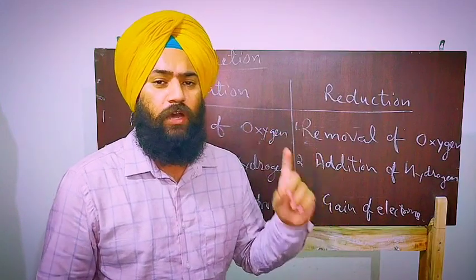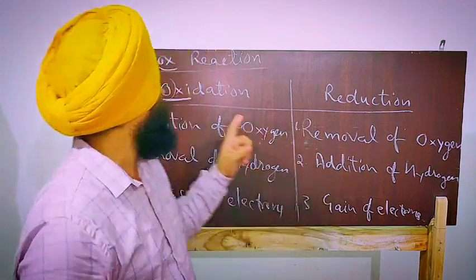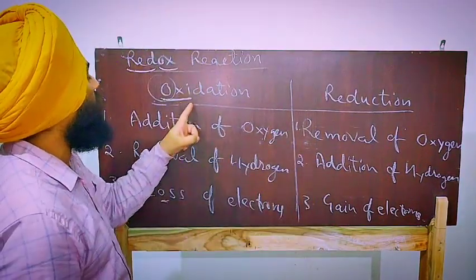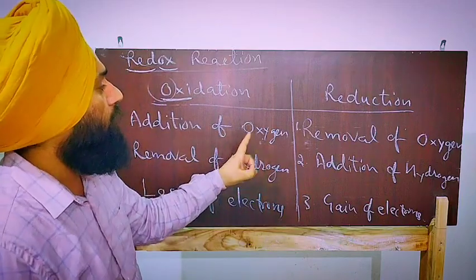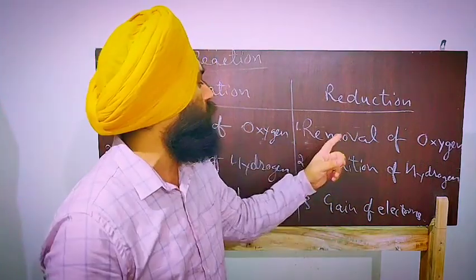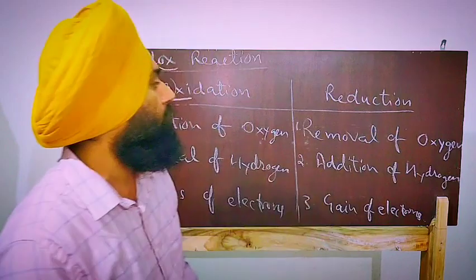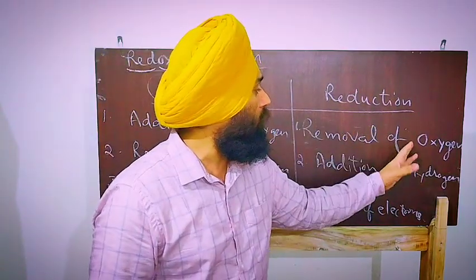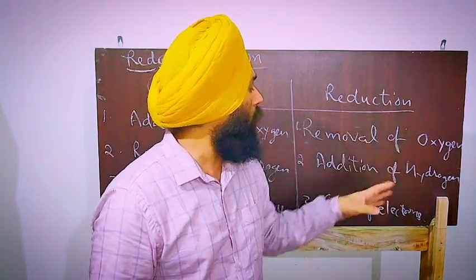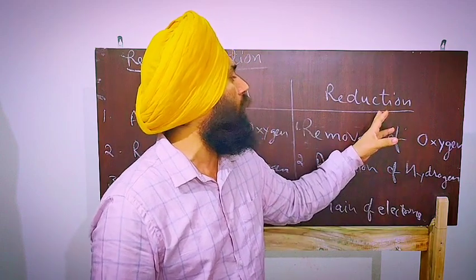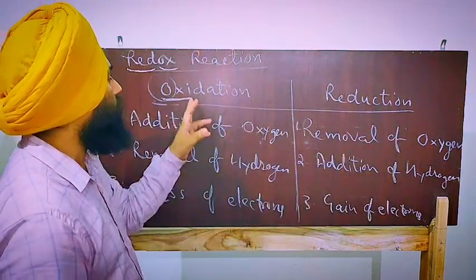Oxidation starts from oxy, which means oxidation is addition of oxygen, and its reverse, removal of oxygen, is reduction. Addition of hydrogen is also reduction. Removal of hydrogen is oxidation.